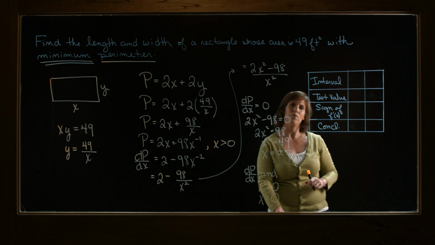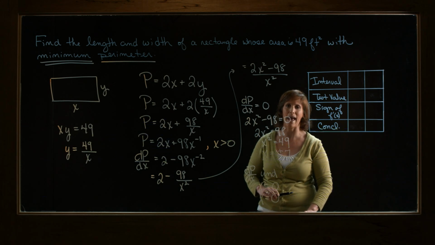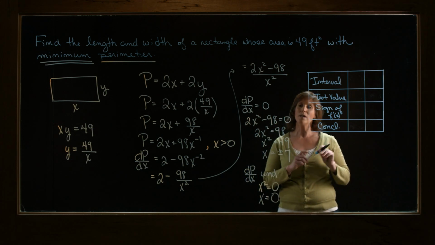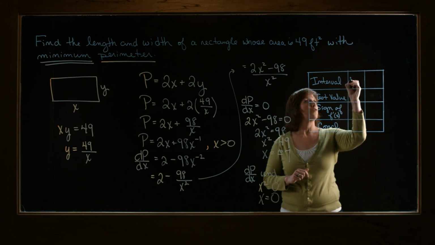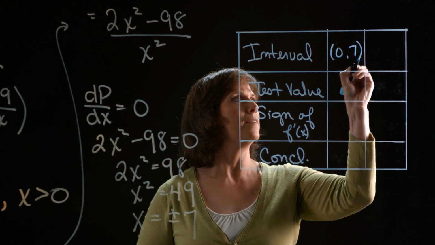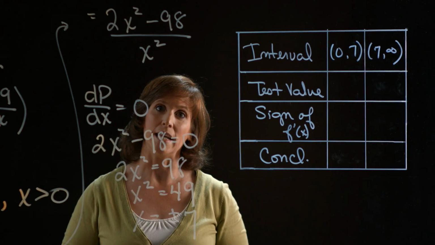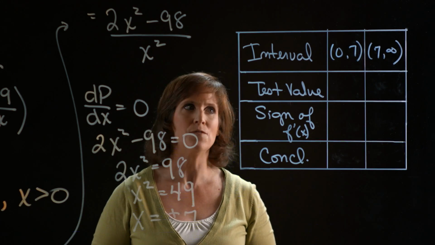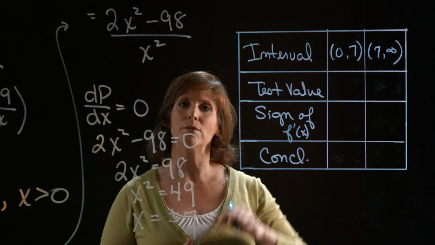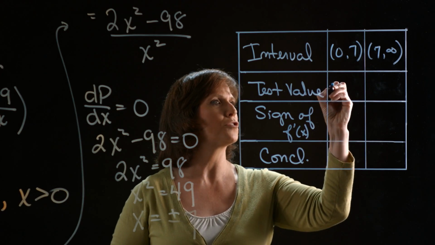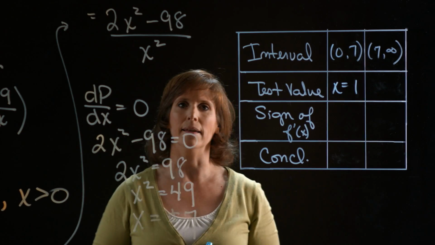So let's go ahead and fill in our table to see what's happening at 7. We're going to break down our interval. We're going to go from 0 to 7, and then from 7 to infinity. Let's take a test value. On the interval from 0 to 7, choose anything you like. Let's try x equal 1.